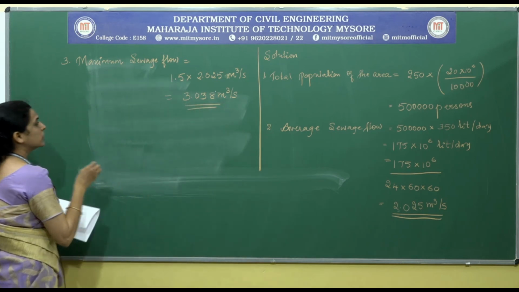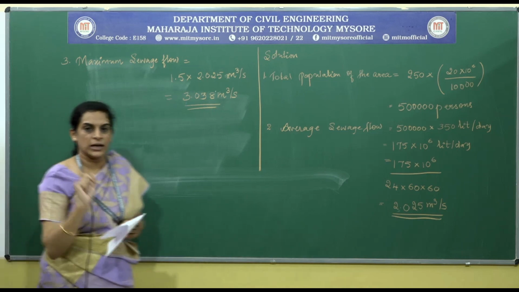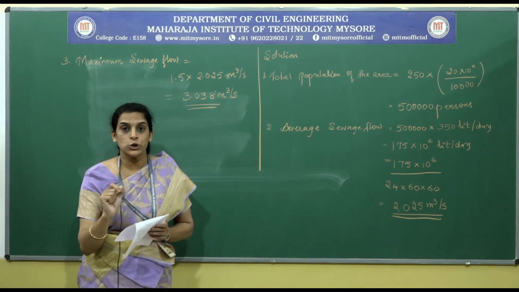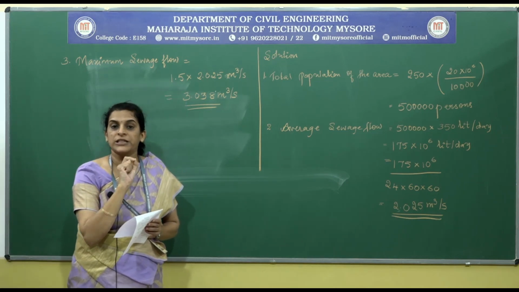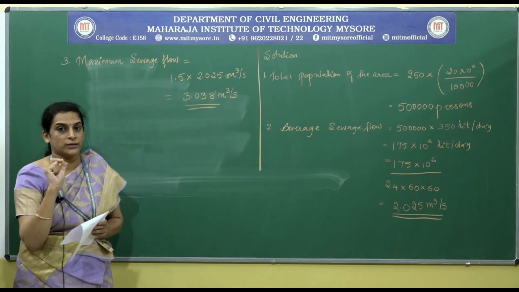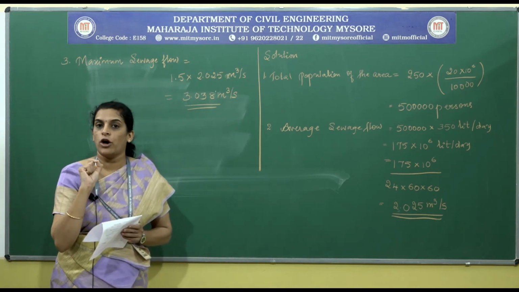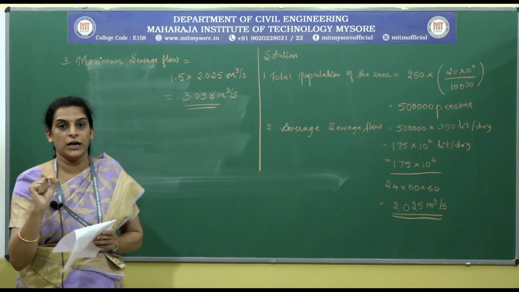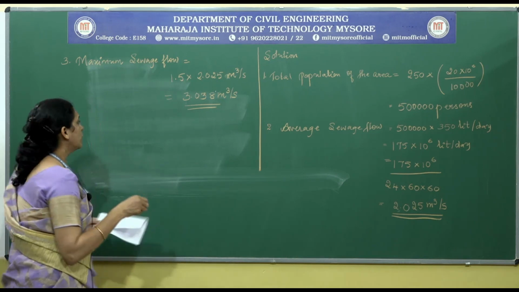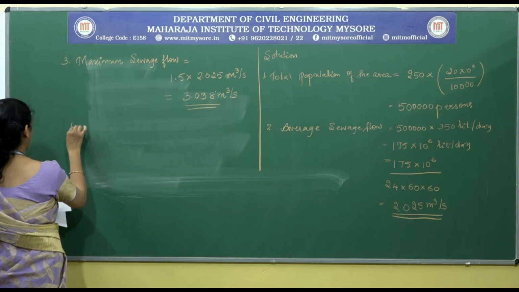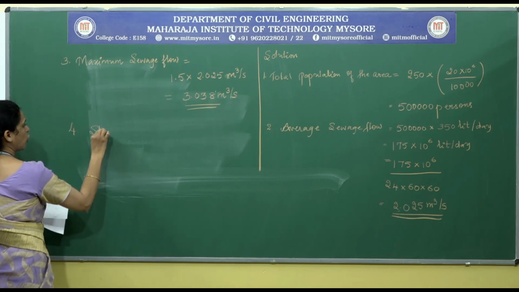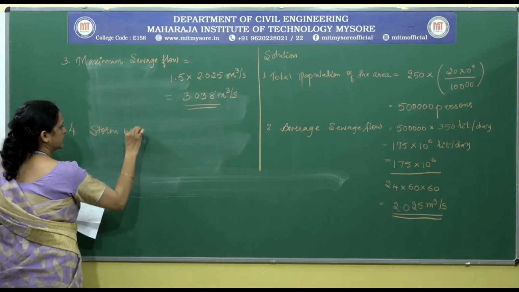So now it is a circular sewer. That means to say in the data it has been specified as storm water, that is intensity of rainfall is given as 15 millimeter per hour. So we will have to find out the storm water flow even.